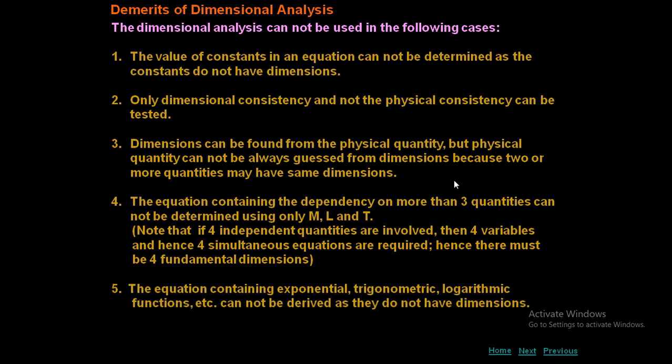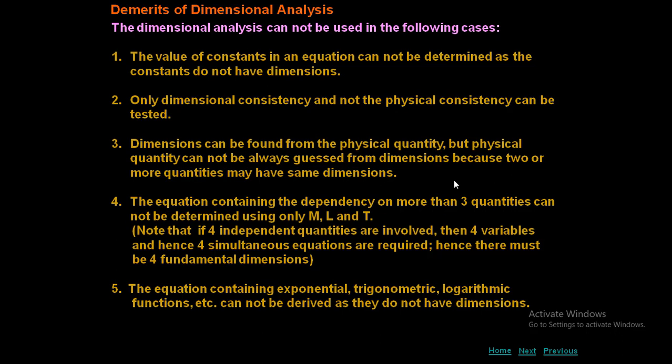The equation containing exponential, trigonometric, logarithmic function, etc. cannot be derived as they do not have dimensions. Suppose if you have a function like log a by b or something like that, exponential function, or y equal to a sine omega t plus x or omega t plus theta.